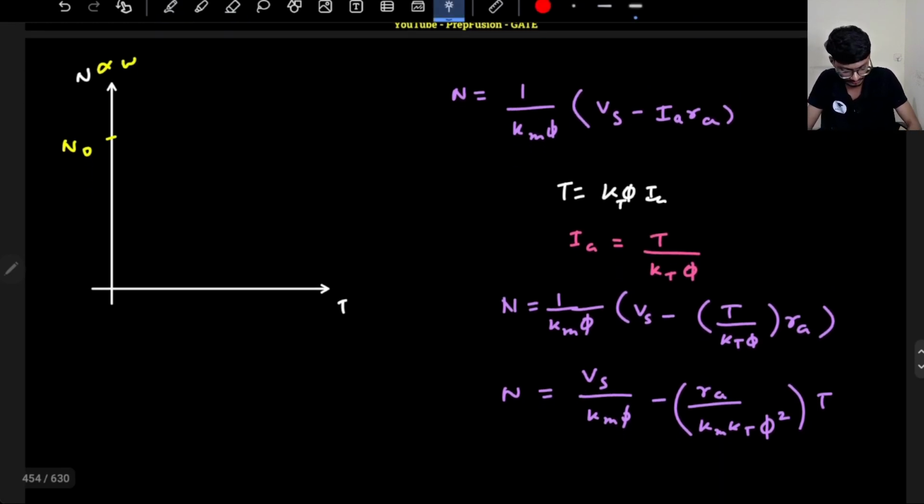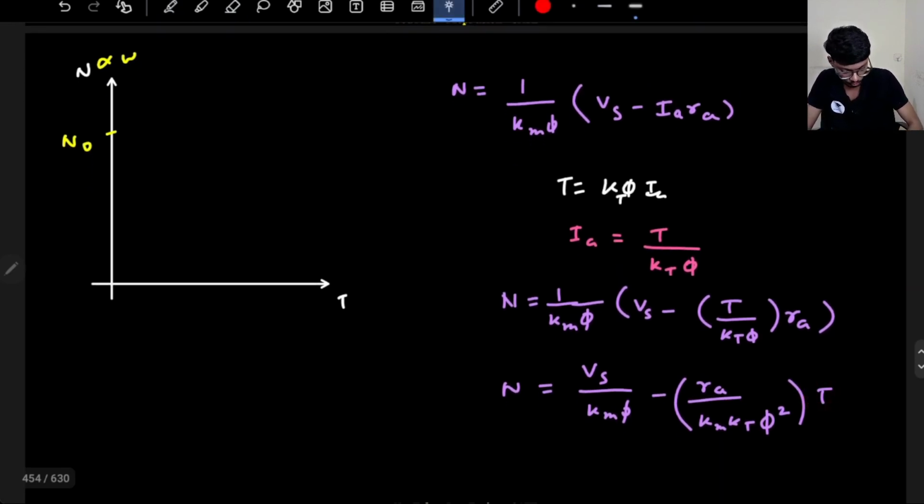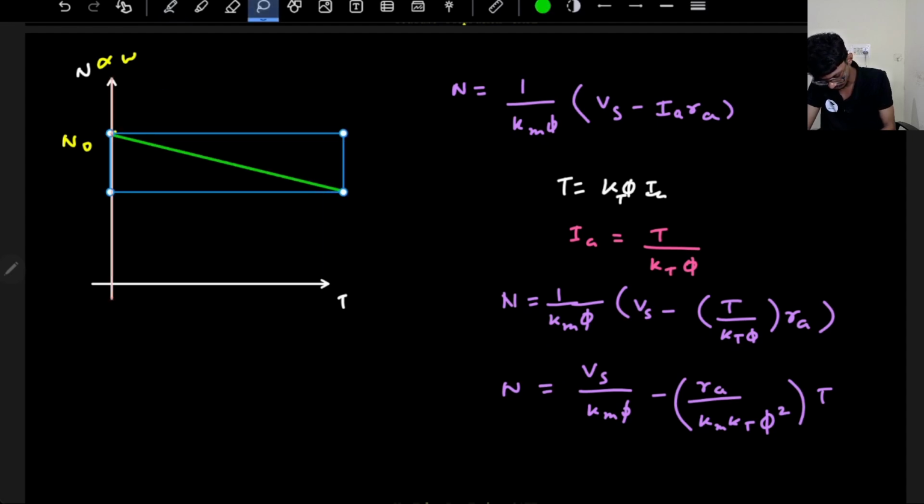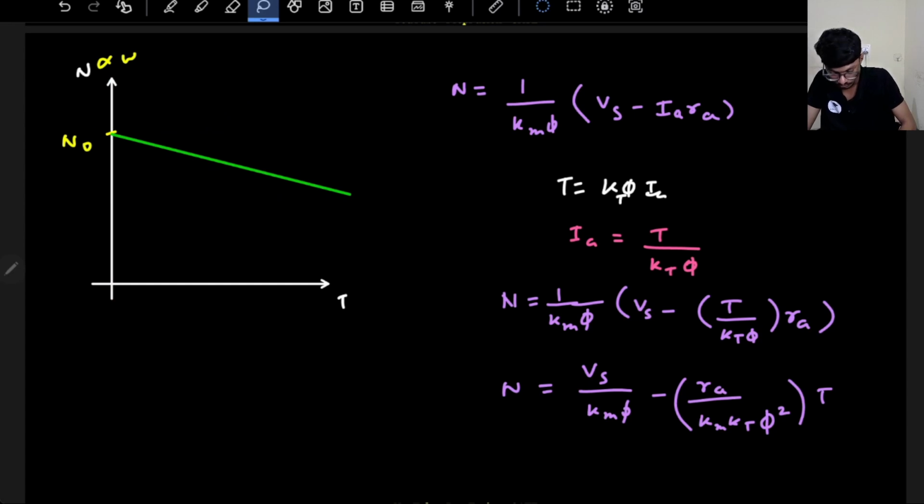So what we are observing, if I keep on increasing my torque, the no load speed is this, and then it linearly decreases, if armature reaction is neglected.